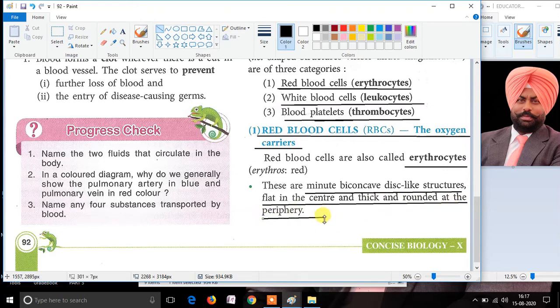So this is the structure of the red blood cell.